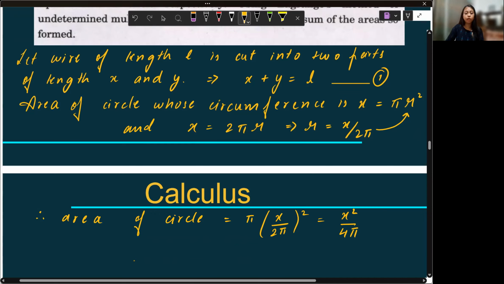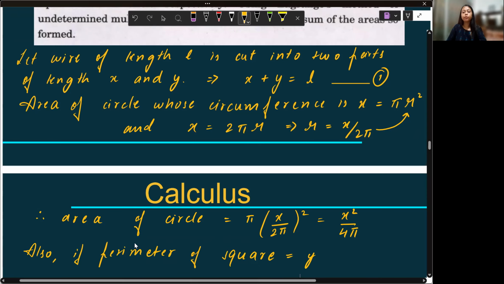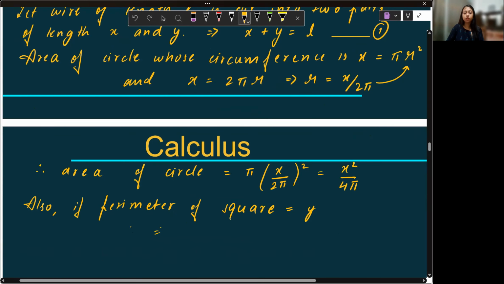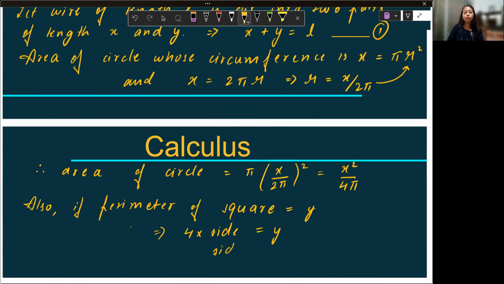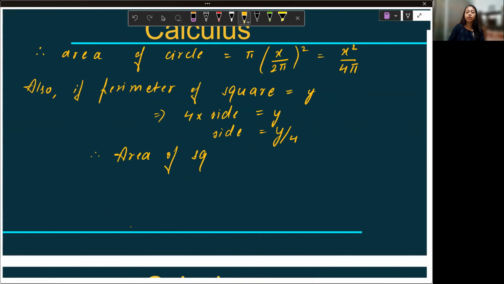Similarly, for the perimeter as well, if the perimeter of the square is y, which means 4 into side is y, so the side is y by 4, right? So what will be the area? Therefore, the area of the square is y squared by 16.